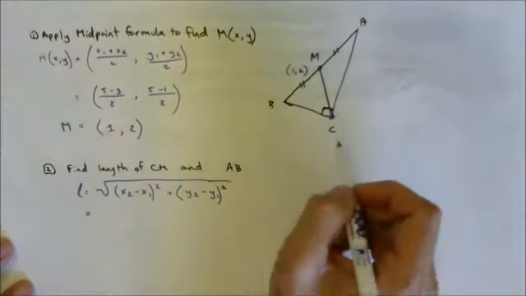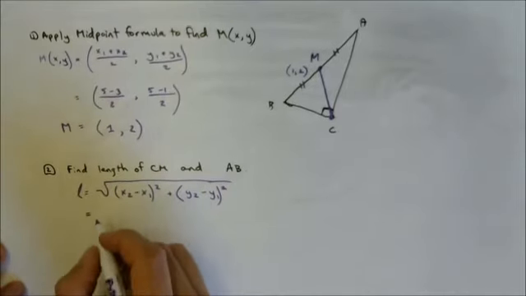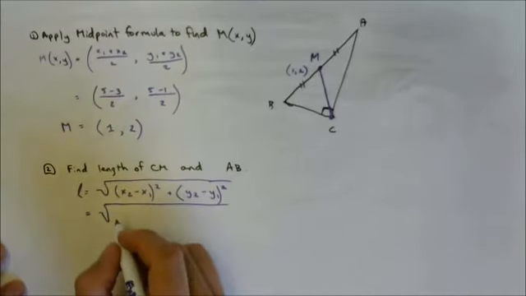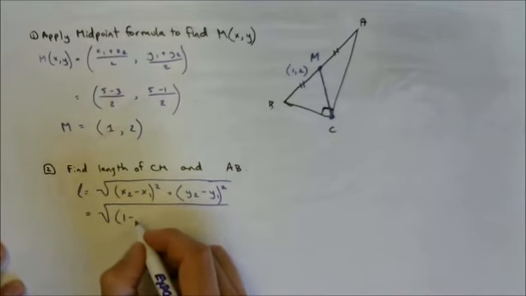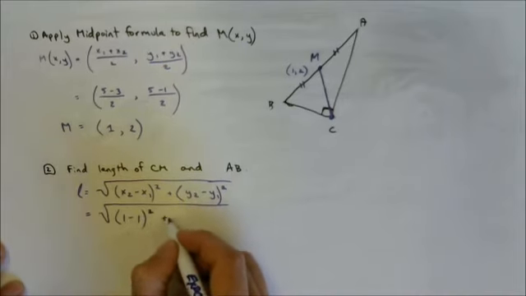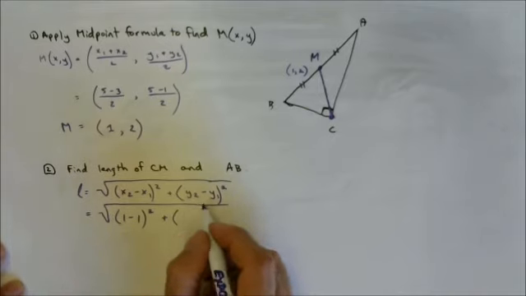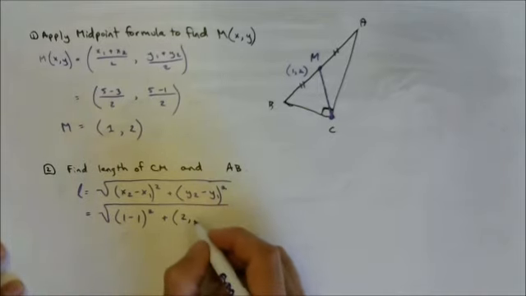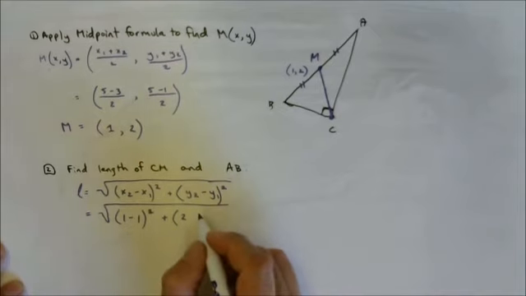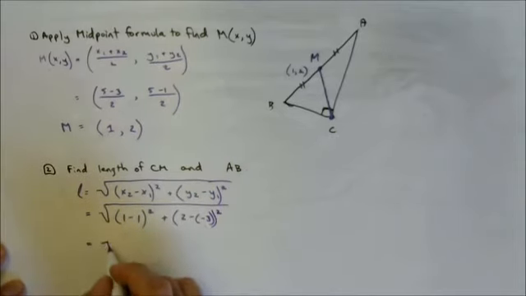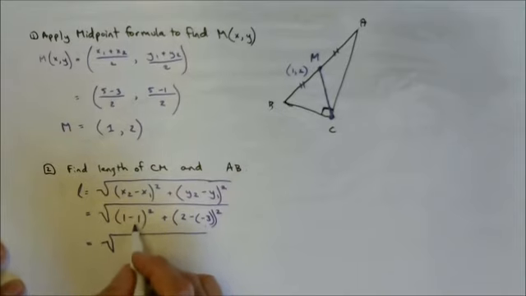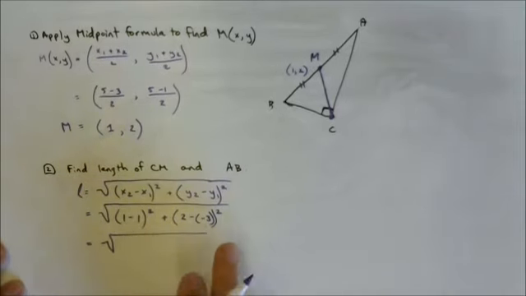Plug in what you know. I'm going from M to C. It doesn't matter what point I call 1 and what point I call 2, as long as I'm consistent. So I've got 1 minus the x coordinate of C, which is 1 also. And I'm going to add that to the difference in my y coordinates, 2, and the y coordinate of C is -3, so I've got 2 minus -3. My first bracket is 1 minus 1, which is 0. Anything times 0 is 0, so that just disappears.